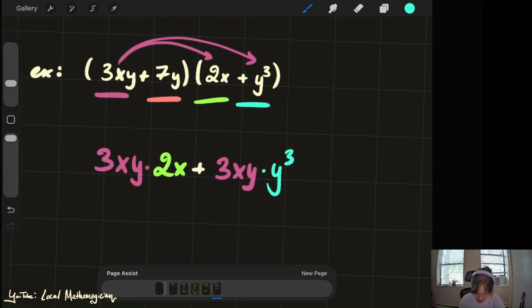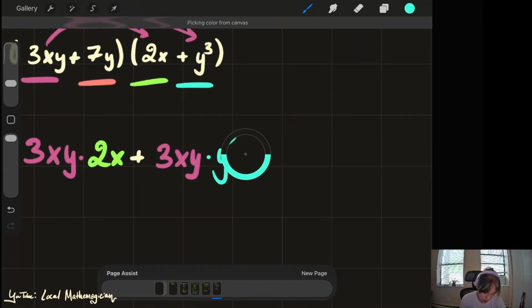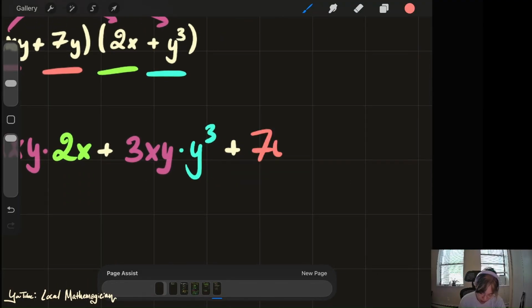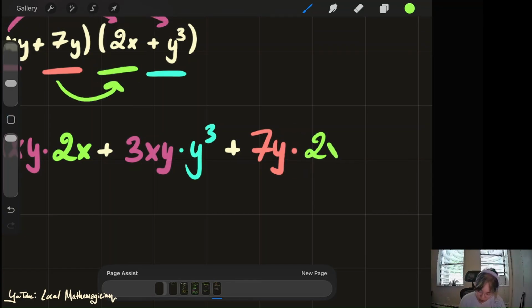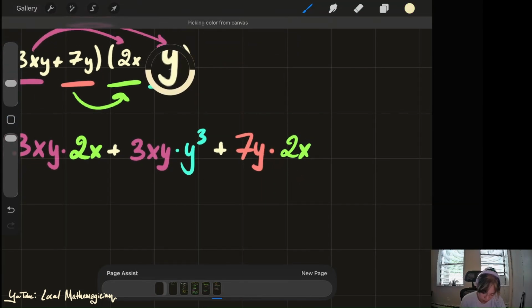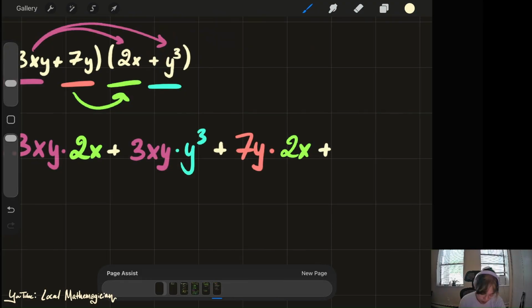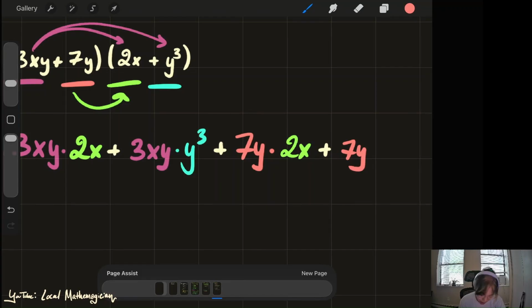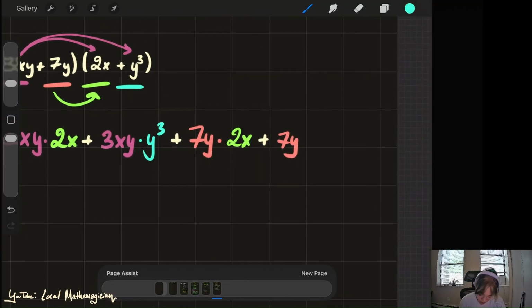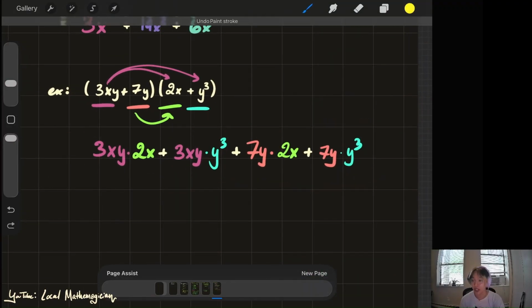And then my next term is going to be plus 7y times 2x. And my last term is going to be plus 7y times y cubed.